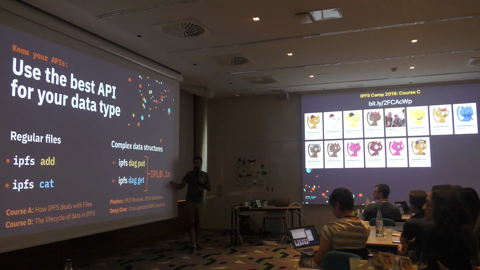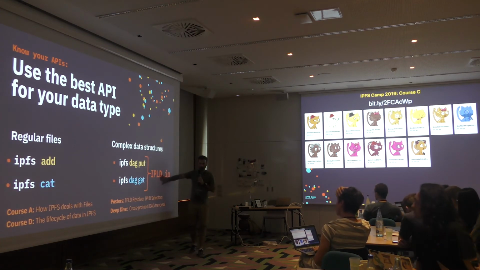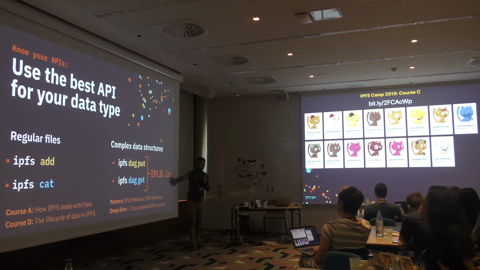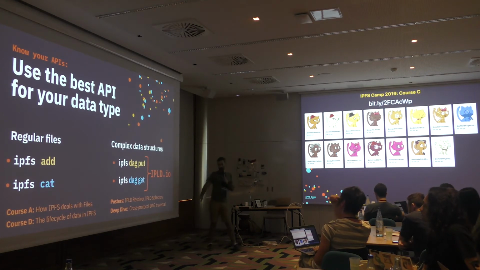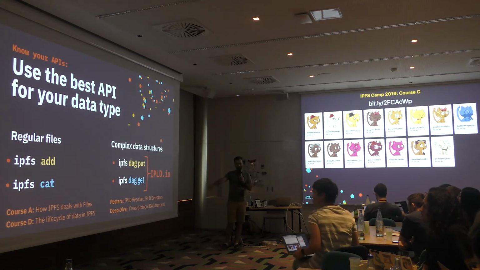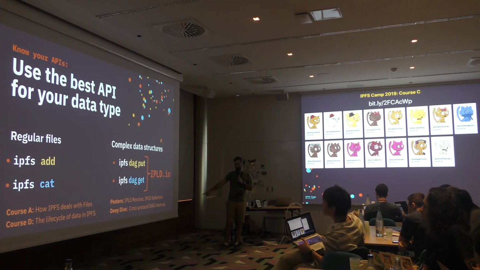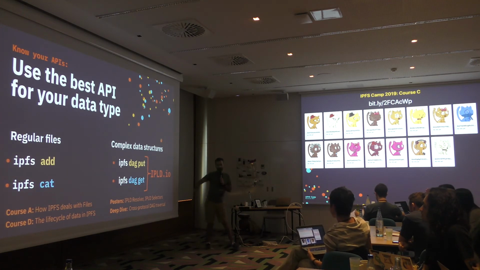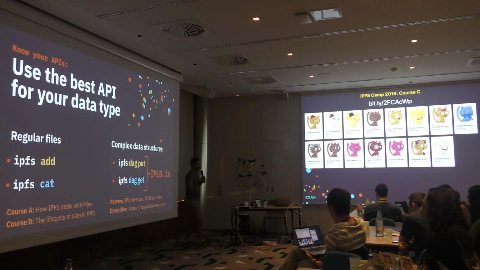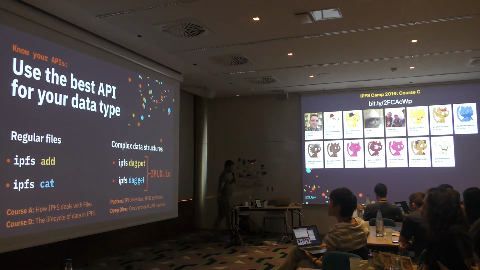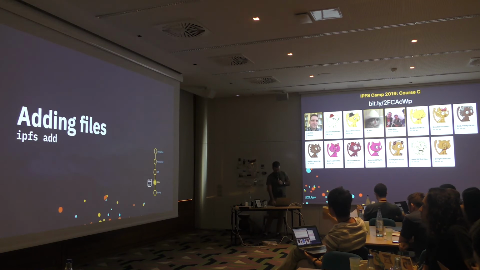The DAG API is basically IPLD. I don't know if you know what IPLD is. There were some sessions yesterday. There's going to be a deep dive today, but we're not going to go into it here. You can learn more about it, and you can ask us about it afterwards.